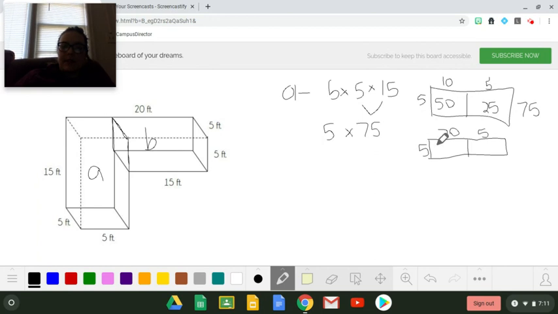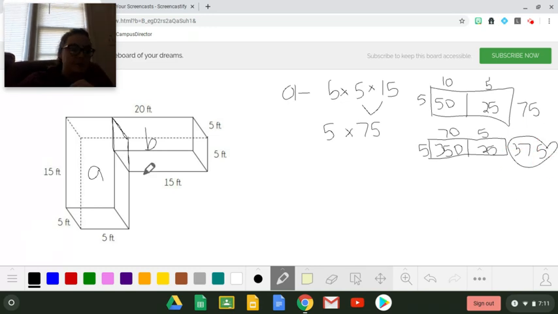Seven times 5 is 35. And we're going to add a 0. And then 5 times 5 is 25. And so again, you can quickly add that across to get 375. And so part A is 375 cubic feet.